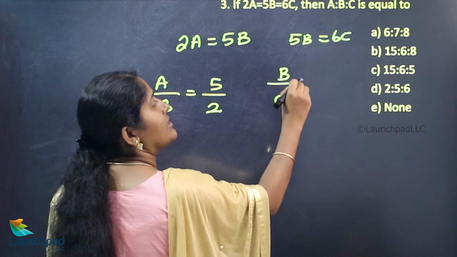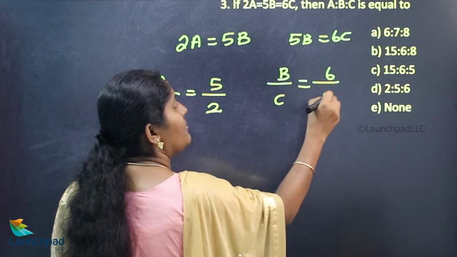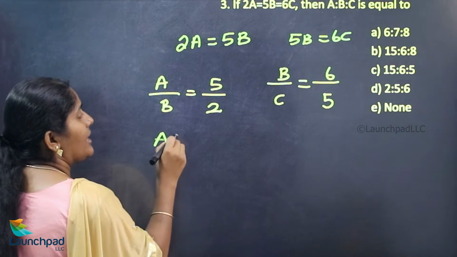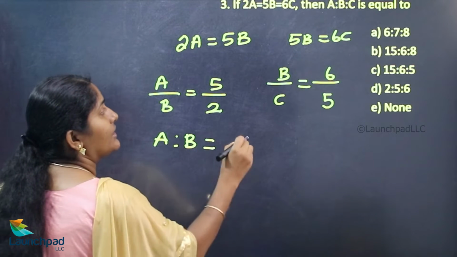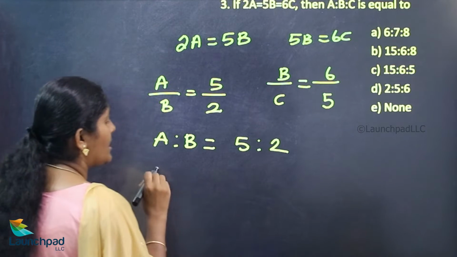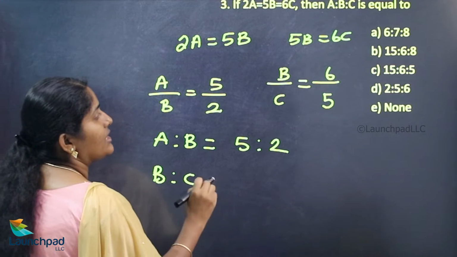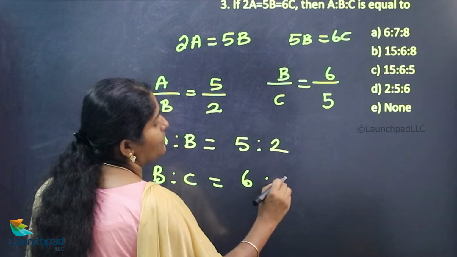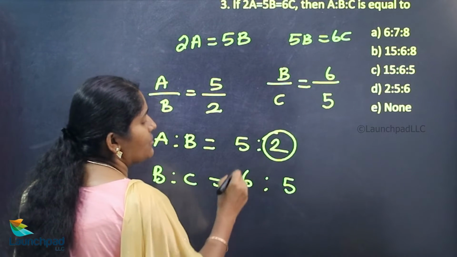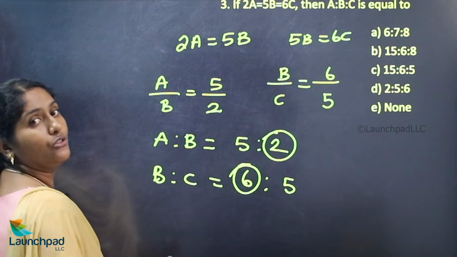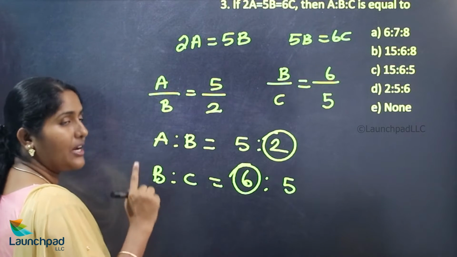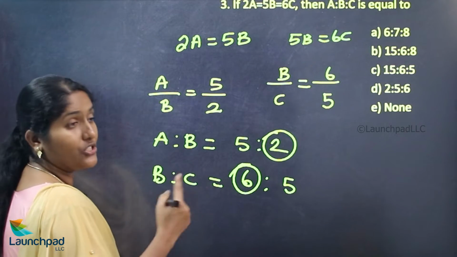B divided by C is equal to 6 divided by 5. So, hence A is to B is equal to 5 is to 2. Therefore, B is to C is equal to 6 is to 5. Hence, we need to change the term value by making the common term, then only we are able to write A is to B is to C.